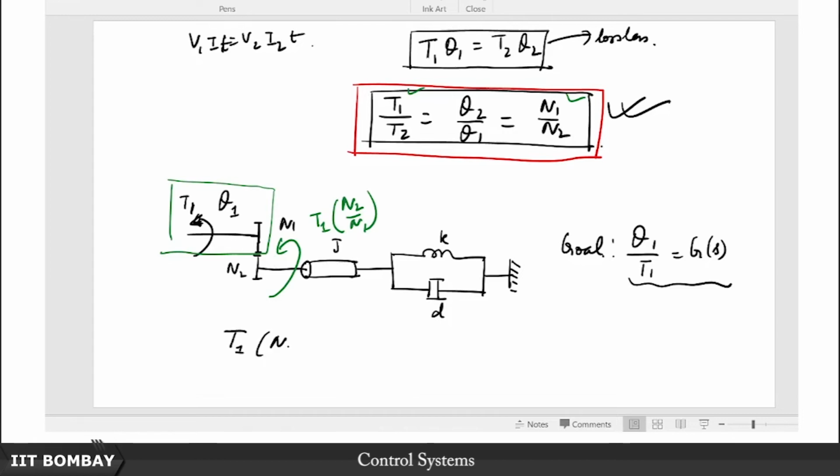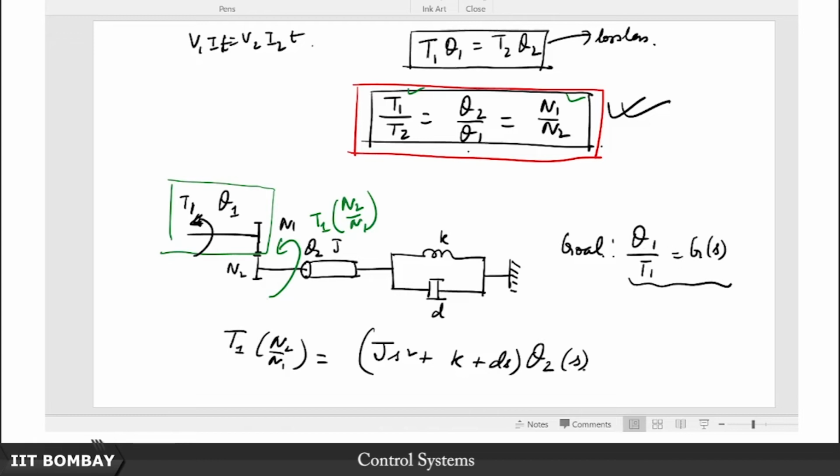T1 N2 over N1 is going to be J s squared plus K plus Ds, since these are in parallel, times theta 2 of s. But remember, this will not suffice. I have got T1, that is good, but on the other side here I have theta 2, so I have to substitute for theta 2 in terms of theta 1.